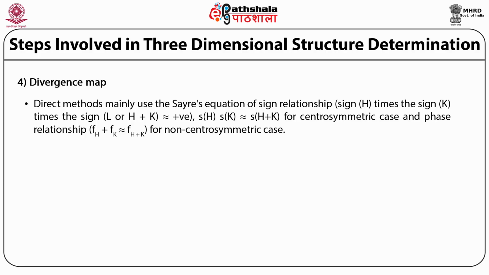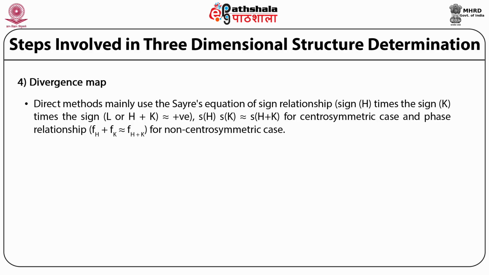So, for the non-centrosymmetric case, we have the relation phi of h plus phi of k is nearly equal to phi of h plus k. What it tells you is that, suppose you know the phase of reflection h and the phase of reflection k such that h plus k plus l equals 0, then the phase of h plus k is simply the phase of h plus the phase of k.